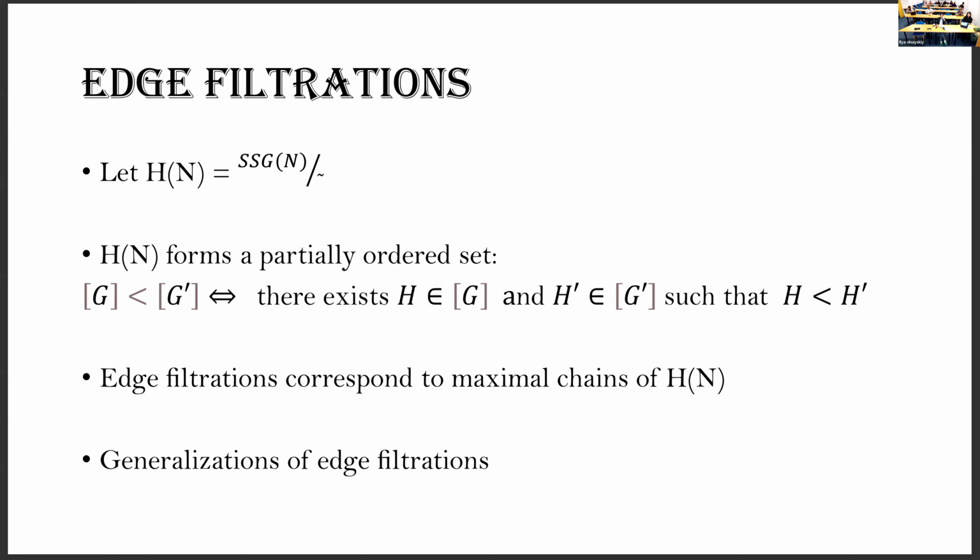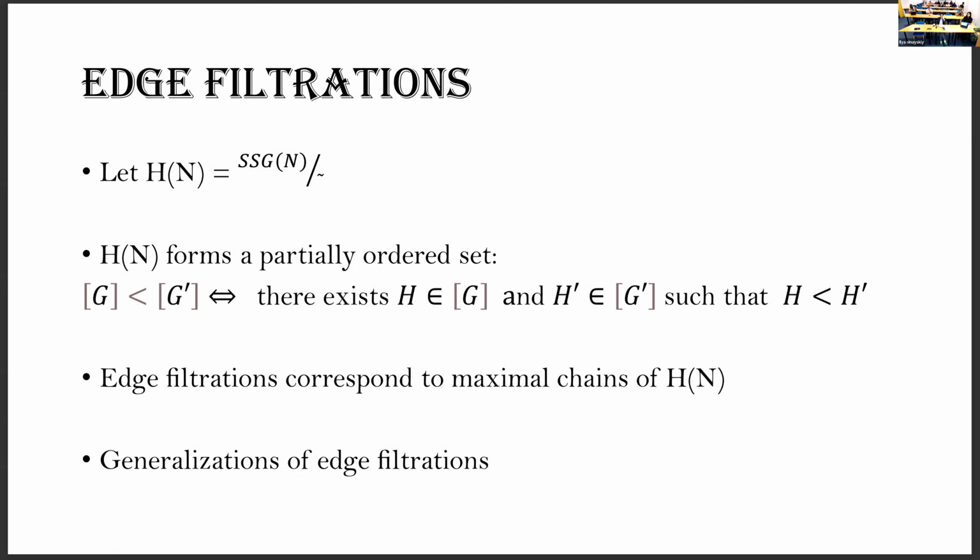Now HN is a collection of equivalence classes, where each equivalence class is a collection of graphs that are homotopy equivalent to each other. So they have all the topological information of each other, and you consider them essentially the same element. The partial order from SSGN gets translated into this quotient set by this relationship.